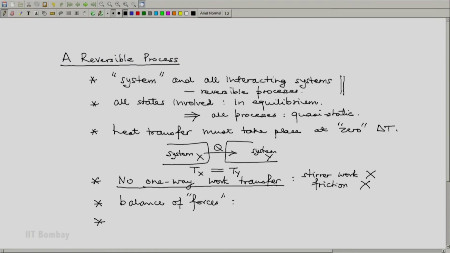And finally, related somewhat to the no one-way heat transfer, no dissipative processes. For example, passing of current through an electrical resistor. We know it is a sort of one-way work mode, a dissipative process, so that is out.